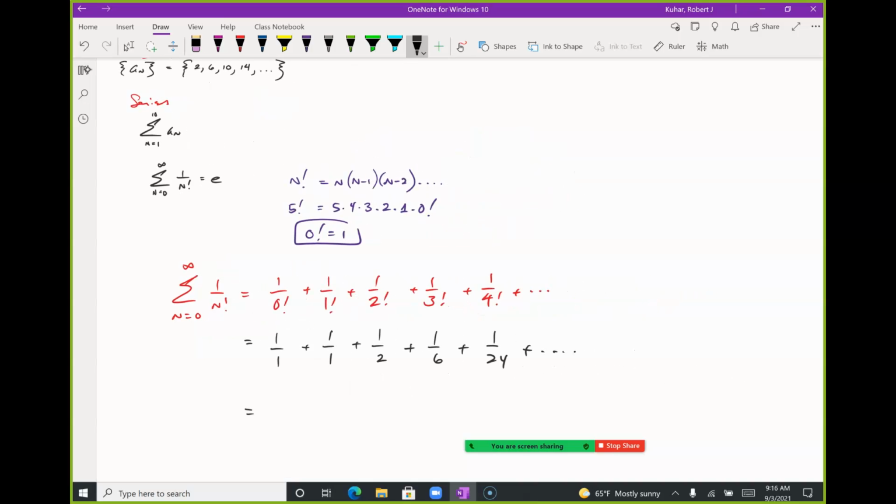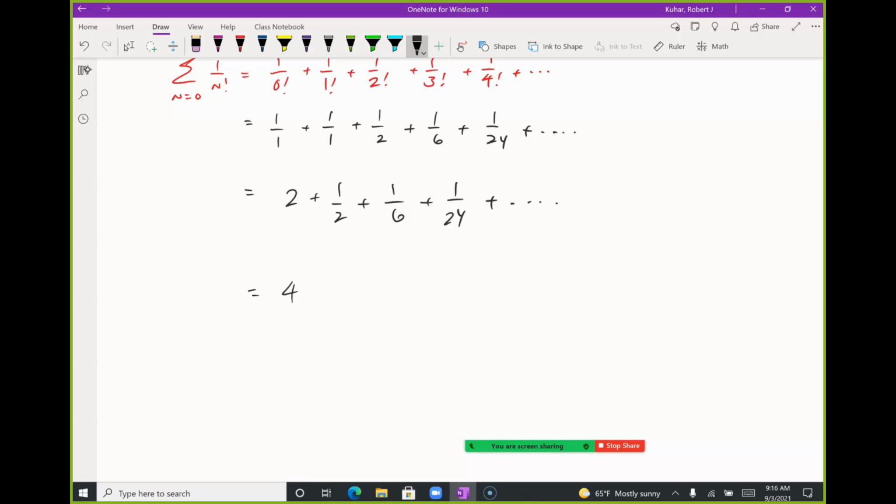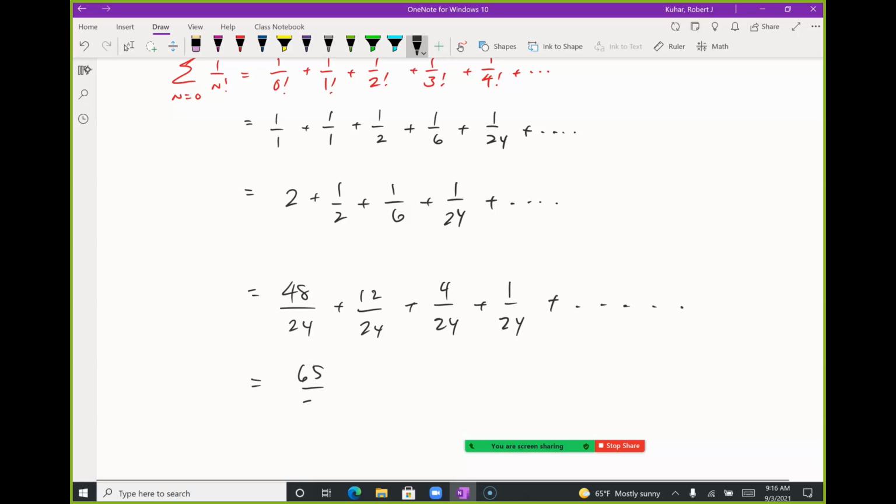So it looks like I can get a pretty good answer out of this pretty quickly. If I had to, I can get a common denominator here. What is this? 48 over 24 plus 12 over 24 plus 4 over 24 plus 1 over 24, plus a whole lot more. 65 over 24.